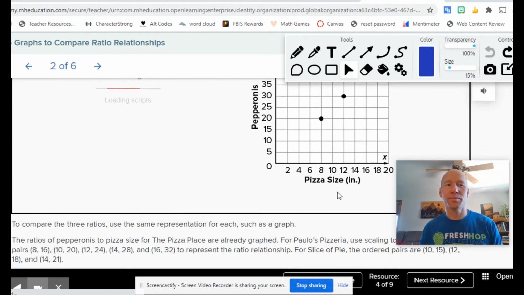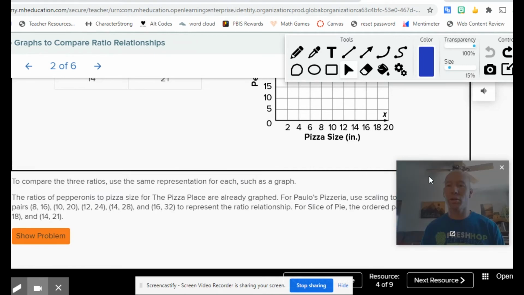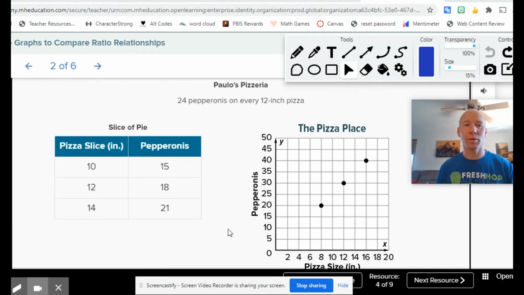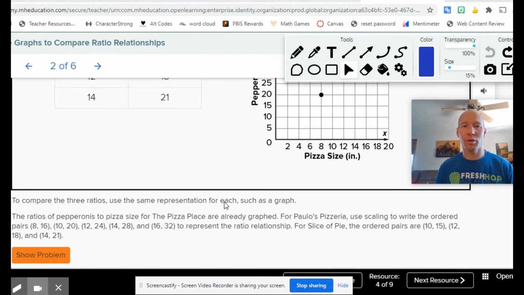To compare these 3 ratios, use the same representation for each, such as a graph. The ratio of pepperonis to pizza size for the Pizza Palace is already graphed. For Paolo's Pizzeria, use scaling to write the ordered pairs (8, 16), (10, 20), and (12, 24). Again, we had 12 and 24.